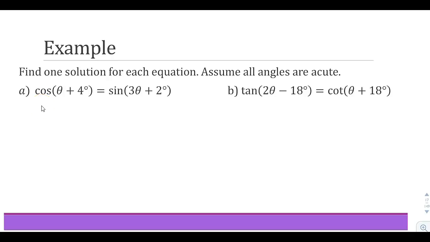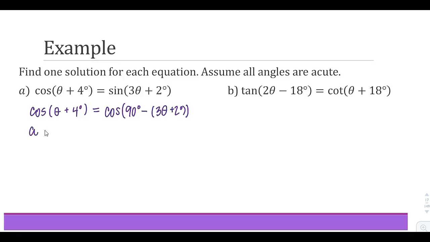So I'm going to go ahead and leave cosine of theta plus 4 degrees alone, but I'm going to rewrite the right-hand side as cosine of 90 minus parentheses 3 theta plus 2 degrees. So I'm rewriting sine in terms of its cofunction cosine by doing 90 degrees minus the angle. Well, I have to keep parentheses around this whole quantity.